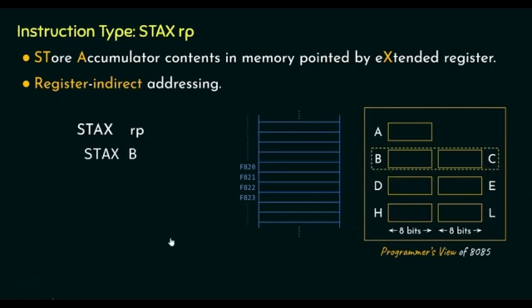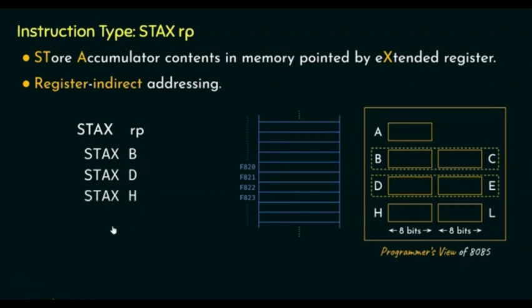And the same thing can be said for the instruction STAX D. However, using this instruction, we will be storing the content of the accumulator in the memory location which is going to be pointed by the DE register pair. In these two cases also, before we execute the instructions, we will have to load the intended memory location within the pair. Now what about STAX H?